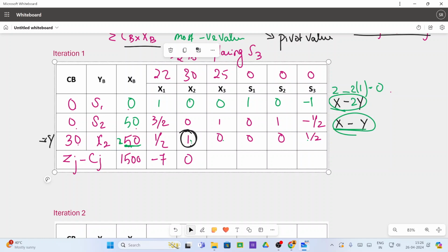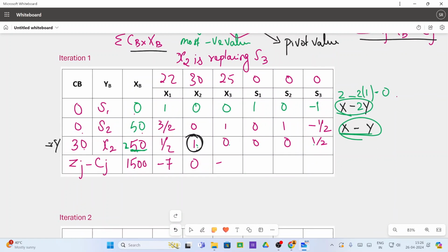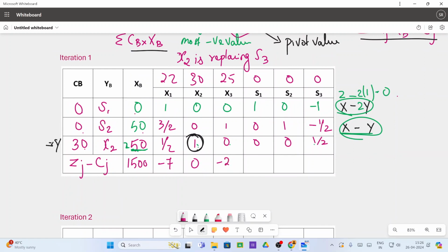So finally this value is going to be minus 25. And this is going to be 0, this is 0, and this will also be, sorry, 15. Okay, so these are your Cj minus Zj values.